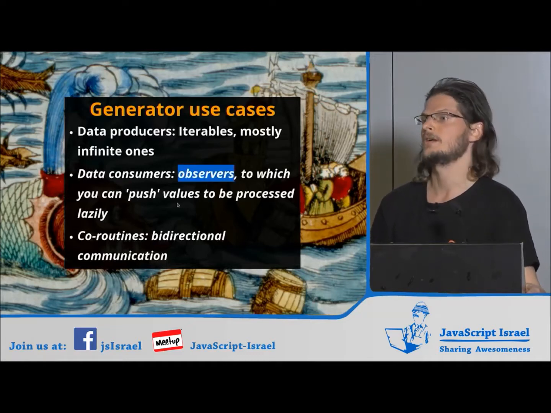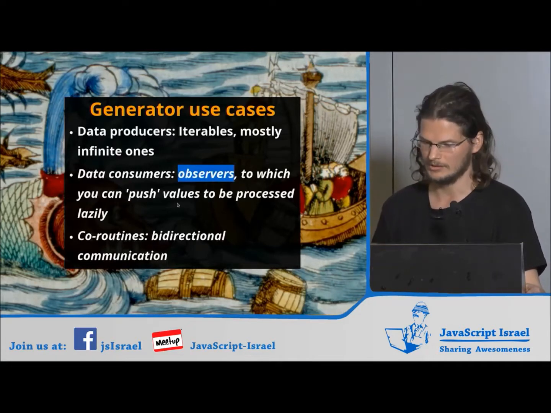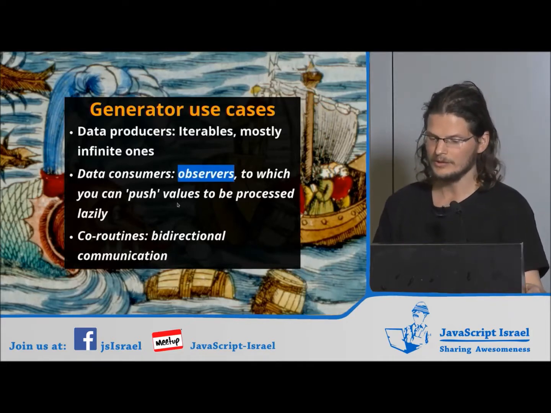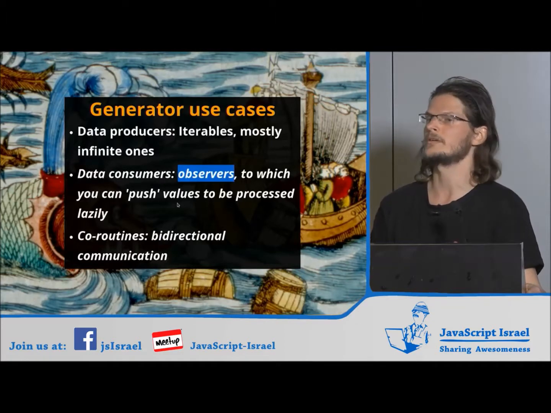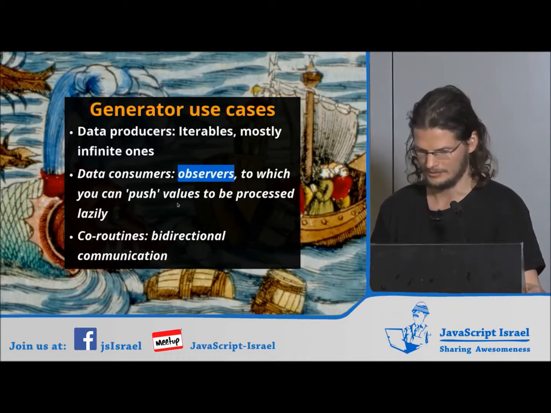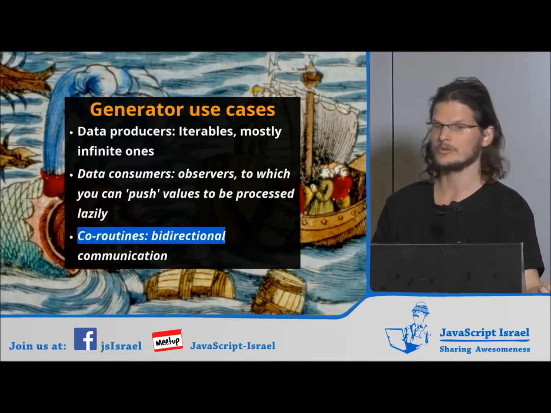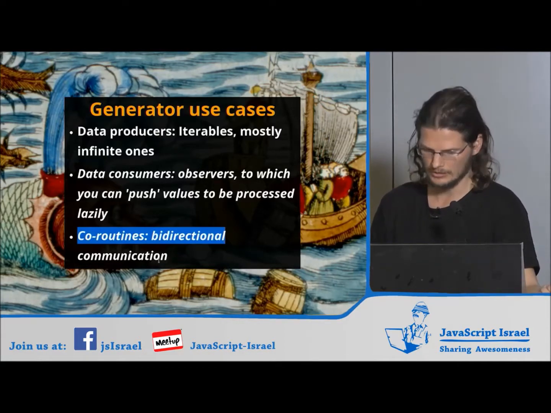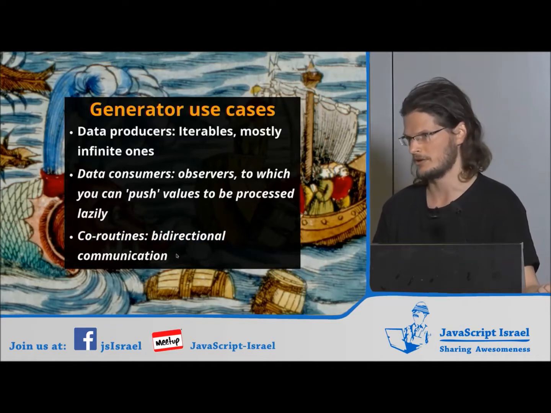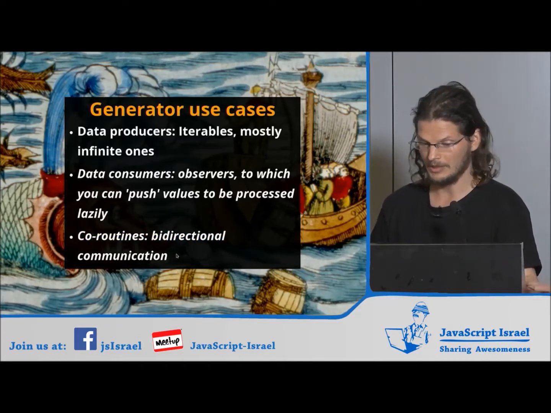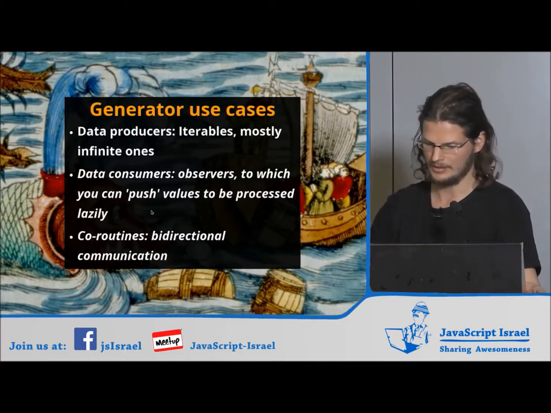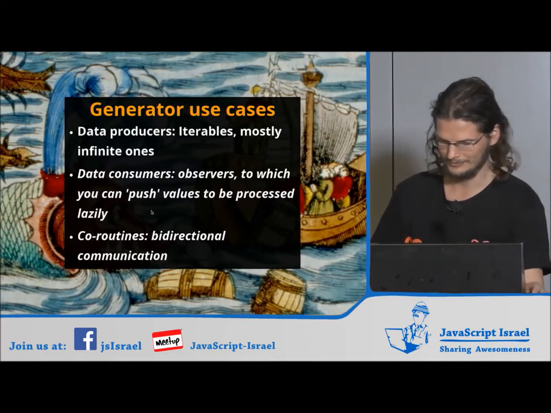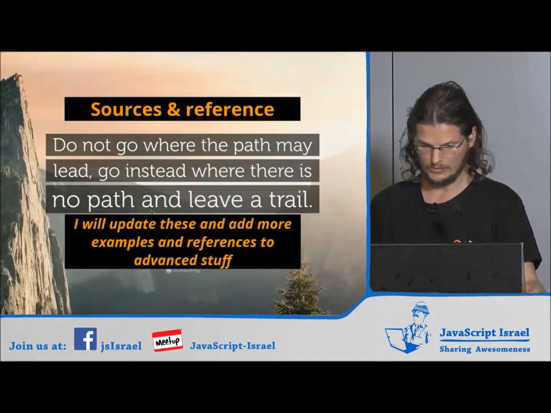Using the iterator's next method argument, you can push values into the generator. So the generator becomes an observer or a recipient of a stream of data. And because they are bidirectional, it also yields values back. You can make coroutines and make bidirectional communication with generator functions. But each one of these, like I've mentioned earlier, is a topic for a whole new talk. So we can't do that.